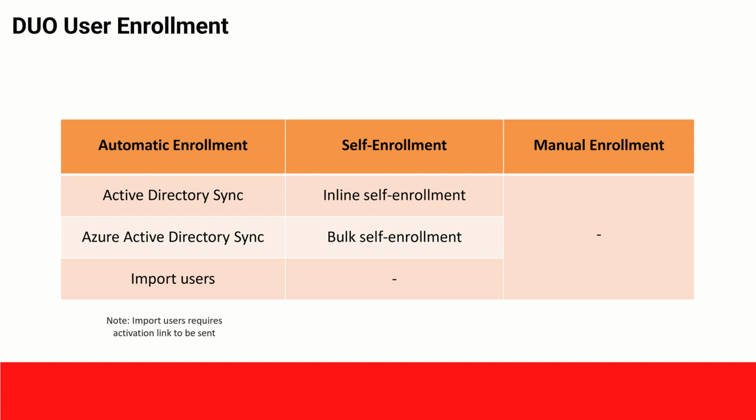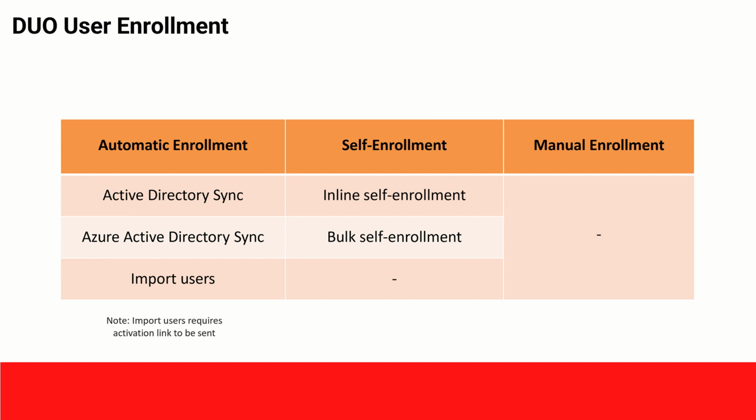In self enrollment, there are options like inline self enrollment and bulk self enrollment. We will have a look at how to enroll a user in the demo part. Currently, manual enrollment is not supported because you have to do this configuration from the Duo admin panel itself.